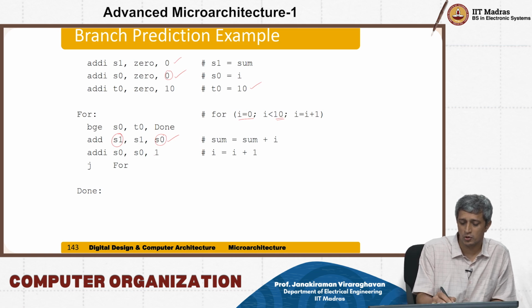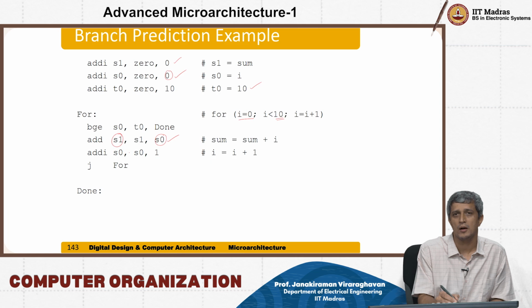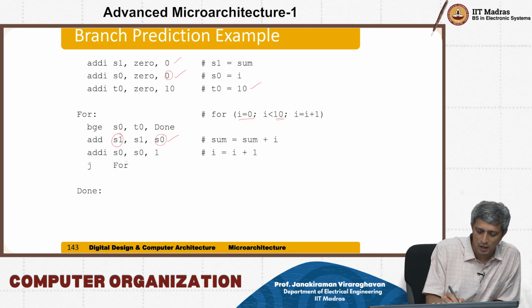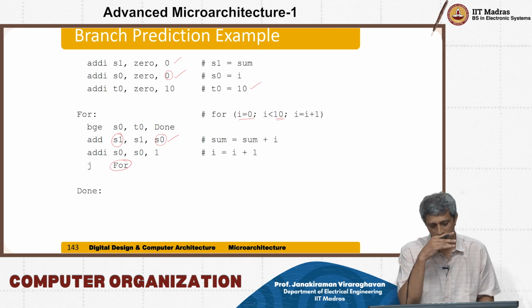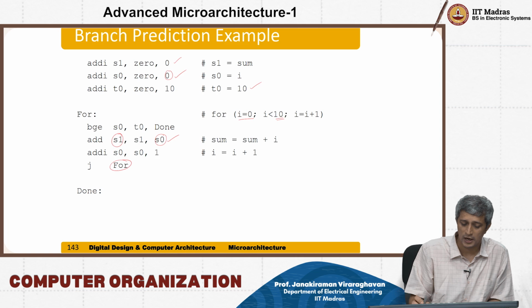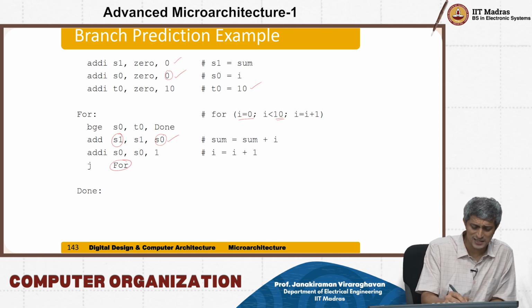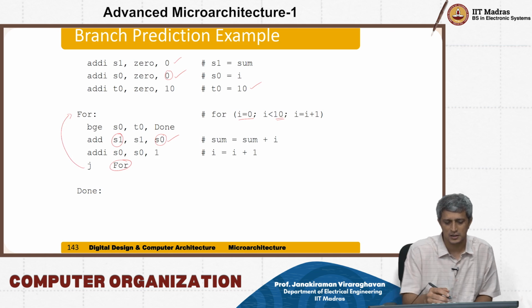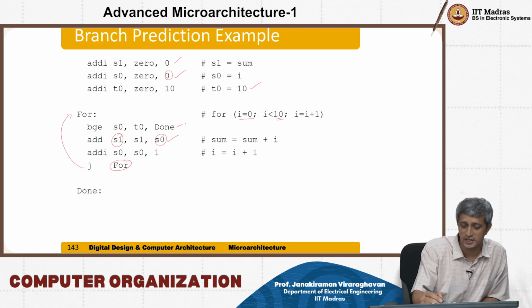So basically the i will become i plus 1 through this S0 register, and then you say jump to the for location. This is where we are going to jump. So this is an unconditional jump, whereas this one is a conditional jump.